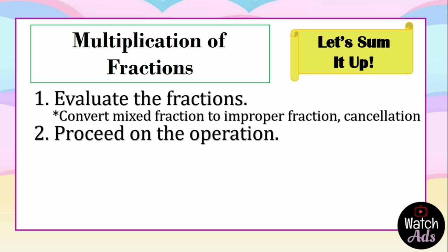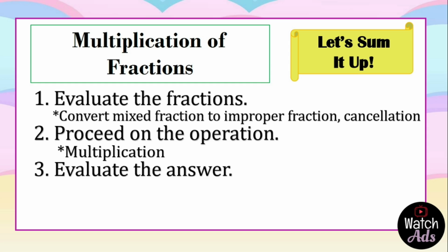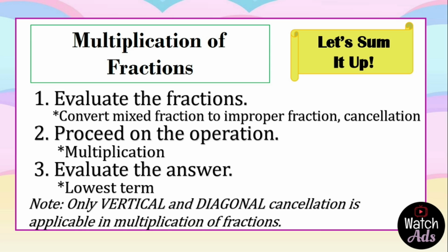Then second, proceed to the operation. That is multiplication. Third, we evaluate the answer. We check if the answer is in the lowest term, and if it is not, we change it to the lowest term. Remember, only vertical and diagonal cancellation is applicable in multiplication of fractions.